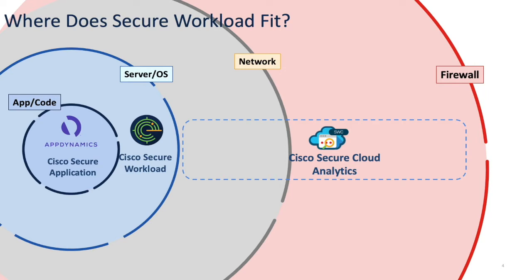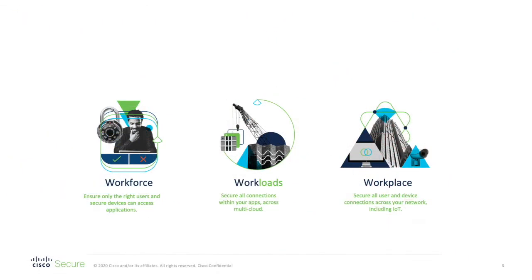So how does Secure Workload integrate with Cisco security architectures? Well, there are two architectures that Cisco Secure Workload is key to: Zero Trust, Workforce, Workload, Workplace. Many of our customers have spent the last year on the workforce, but have neglected the workload.